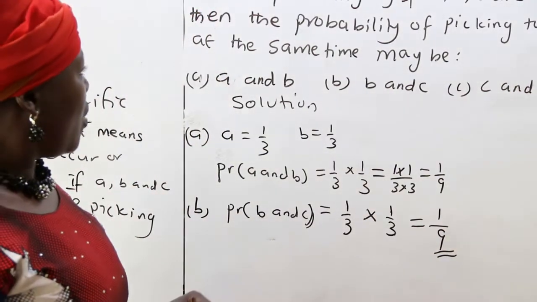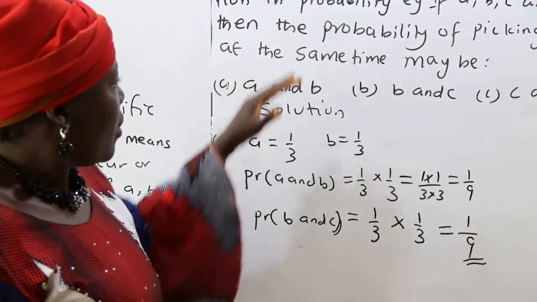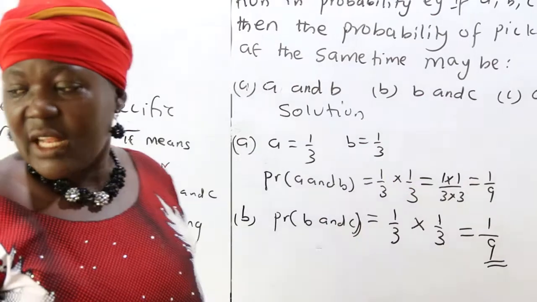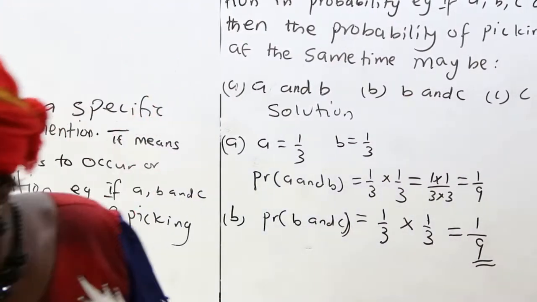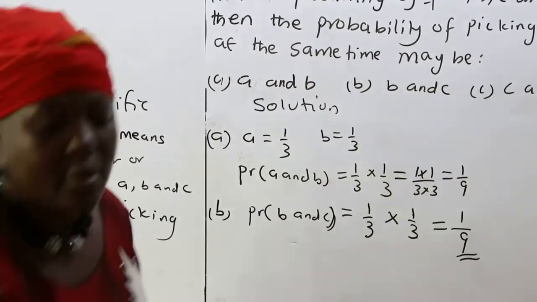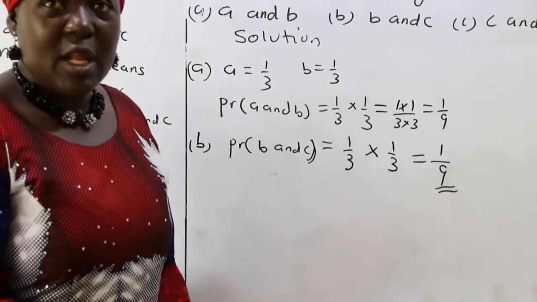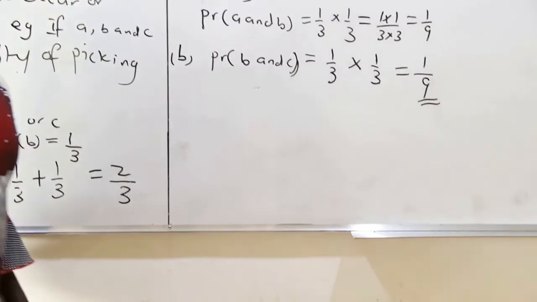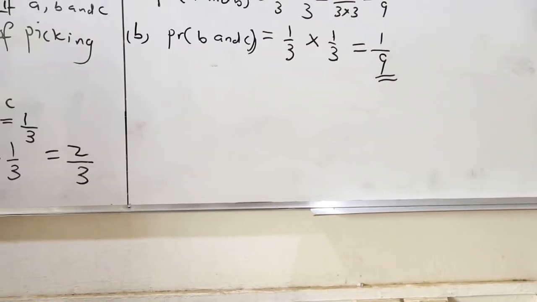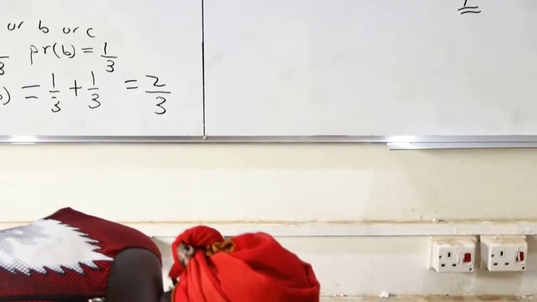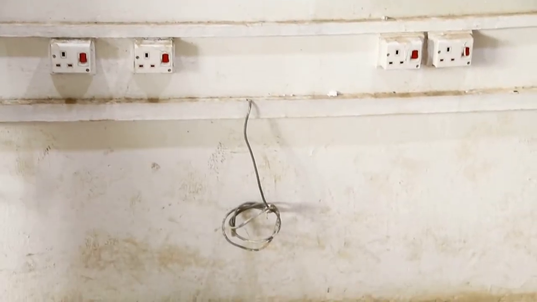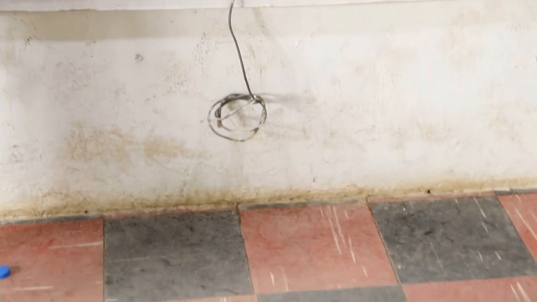Okay? So we will now look at, for instance, if you have 3 of them, it's the same thing. Let me throw all of them and see what will happen. You can see that we have 2 ups and 1 down.